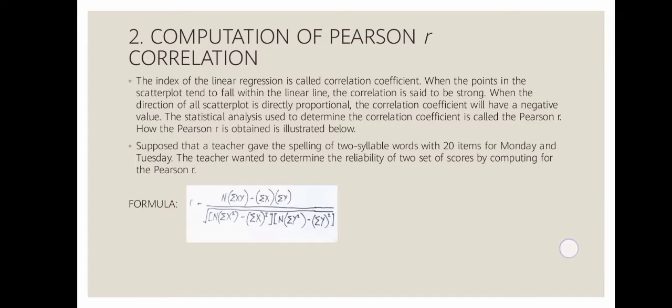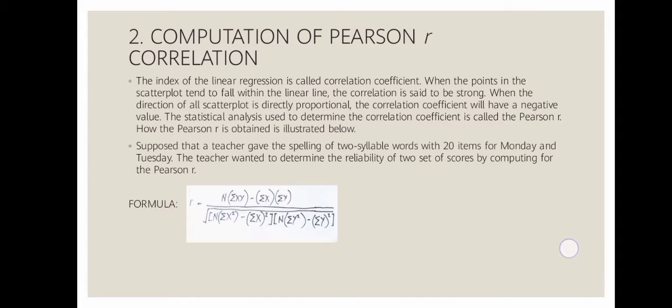Second, computation of Pearson r correlation. The index of the linear regression is called the correlation coefficient. When the points in the scatter plot tend to fall within the linear line, the correlation is said to be strong. When the direction of all scatter plot points is inversely proportional, the correlation coefficient will have a negative value.